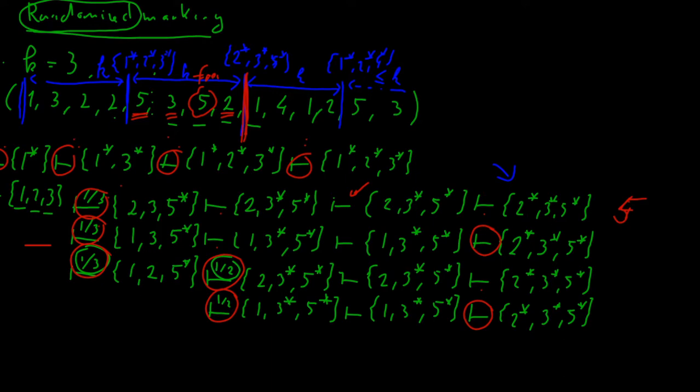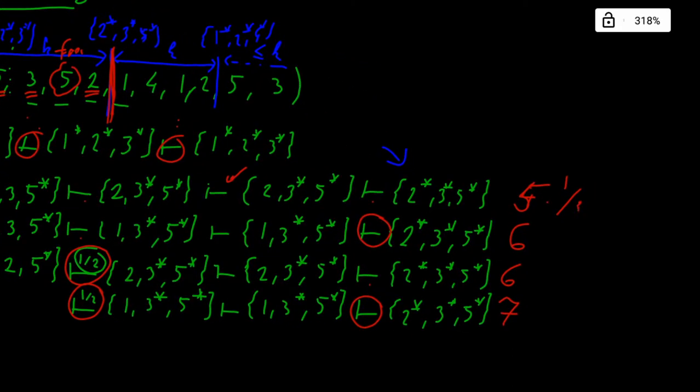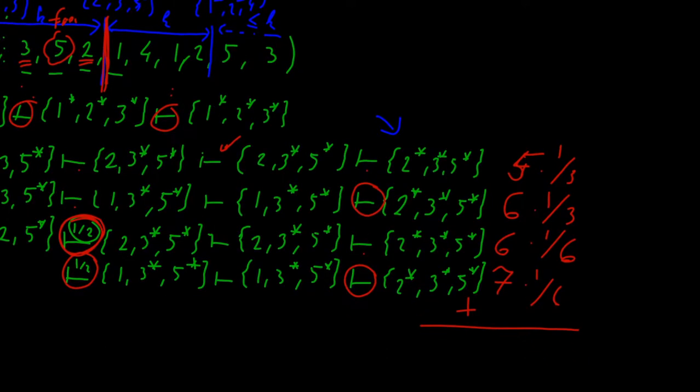Okay, 5, it was 6, this was also 6, and this was 7, I presume. And I have to use the probabilities here, so I will have the 1/3 here, and the 1/3 there, and the 1/6 here, because there was a probability of 1/2 and another probability of 1/3 in the beginning, and then there's the 1/6, and then I have to sum these, and that will be the expected cost.